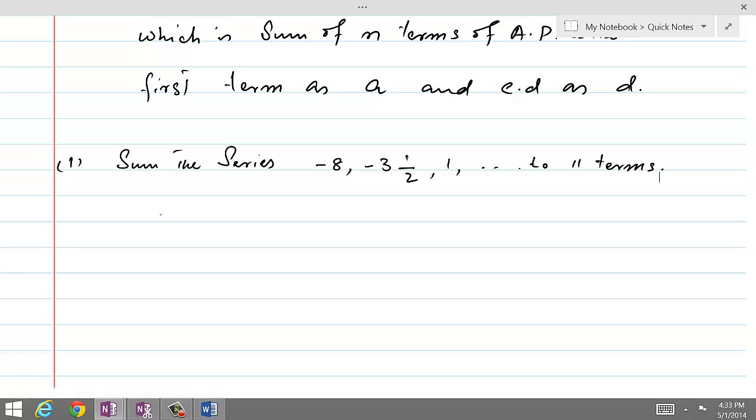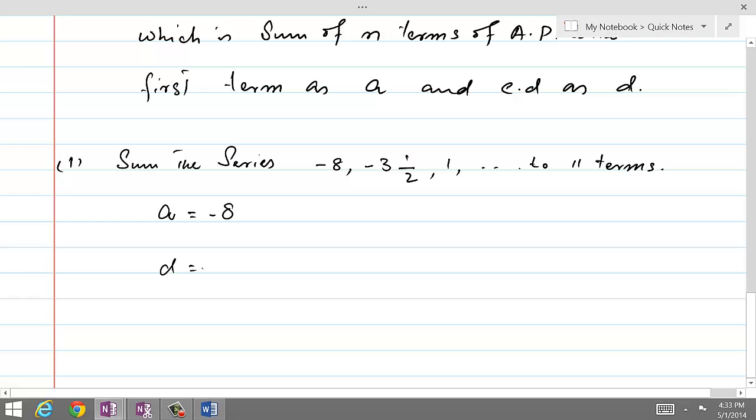Now for this series, what is the first term? The first term is a, which is equal to -8, and for common difference d, we can always subtract the first term from the second term, that is -3 whole 1 by 2 minus -8.